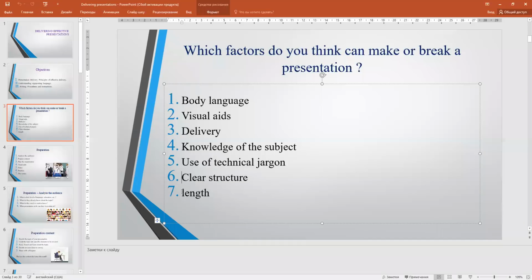And then you also have to notice the visuals. If your presentation includes lots of lines, lots of graphs, lots of images without any clear meaning, it means your presentation is kind of boring.